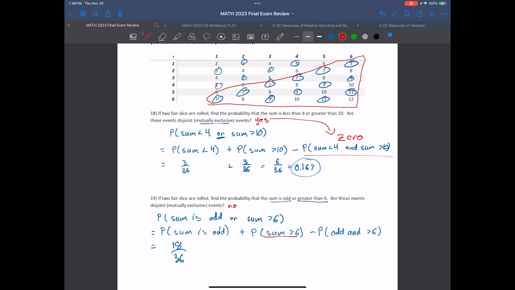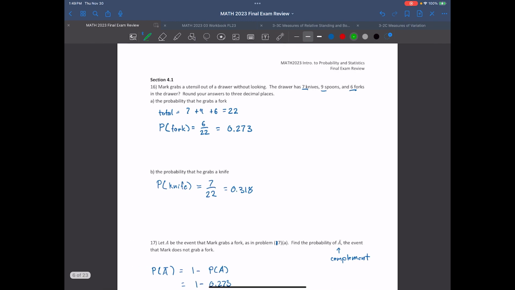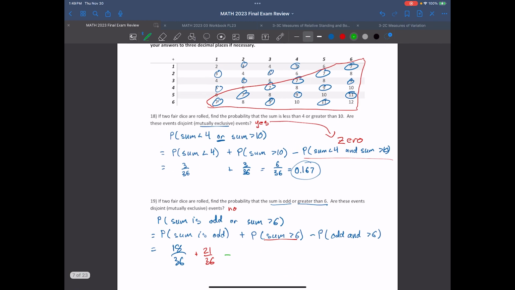So you can see there would be some that would be counted twice. If you were to count all of the numbers that are greater than 6, we'll see that it's 21 of the 36. So if you added up 18 and 21, well, you're already over 36. So we do need to consider the subtraction of the odd numbers that are greater than 6. That would be the ones that are circled in the red triangle.